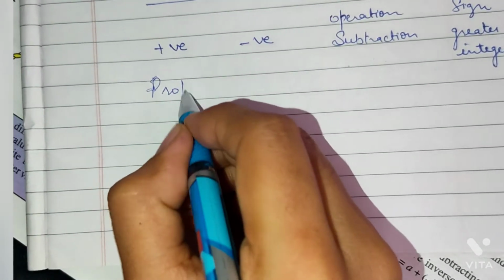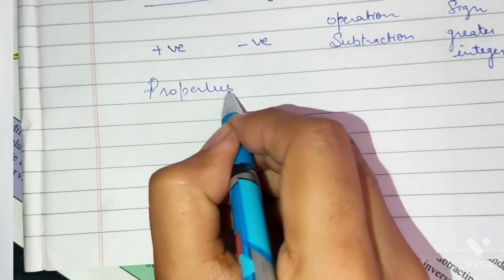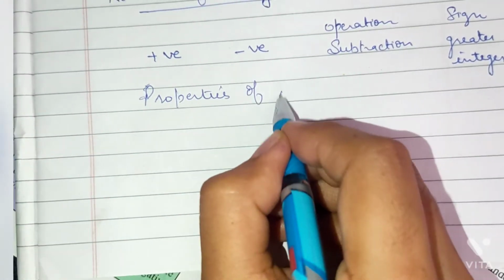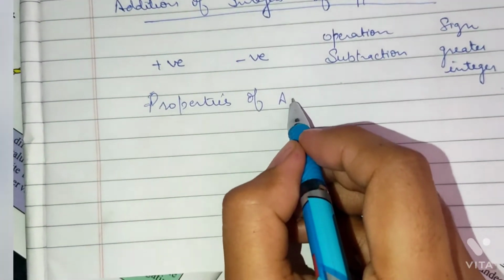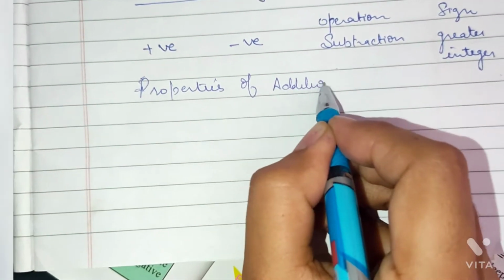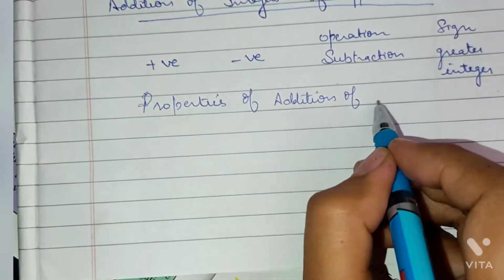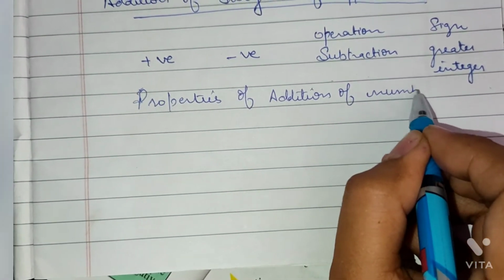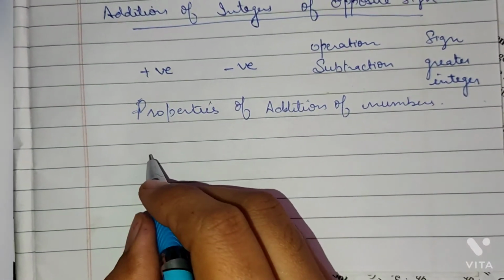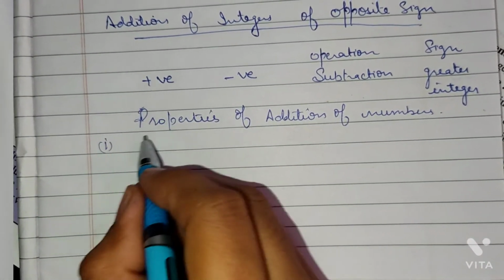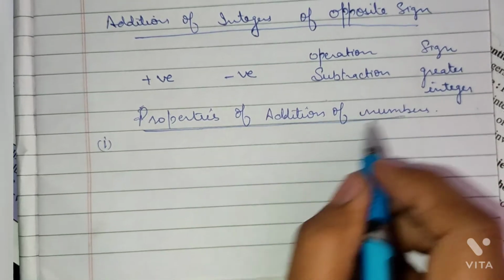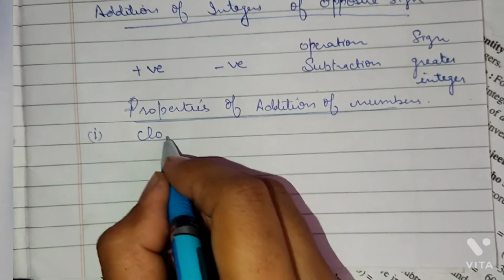Next we will learn about the properties of the addition of integers. The first property is closure property.